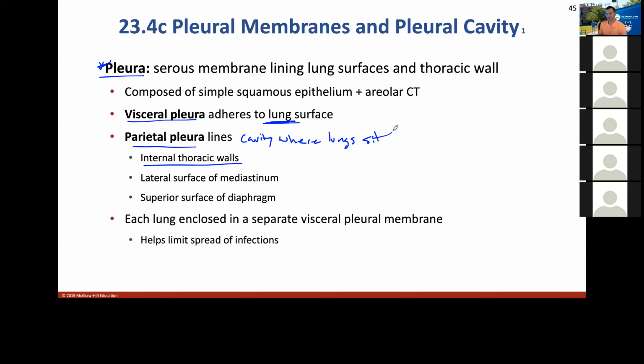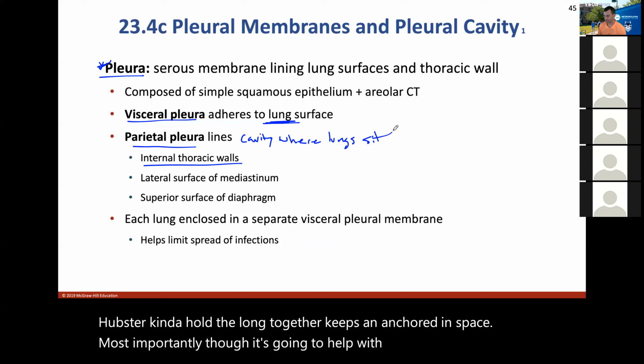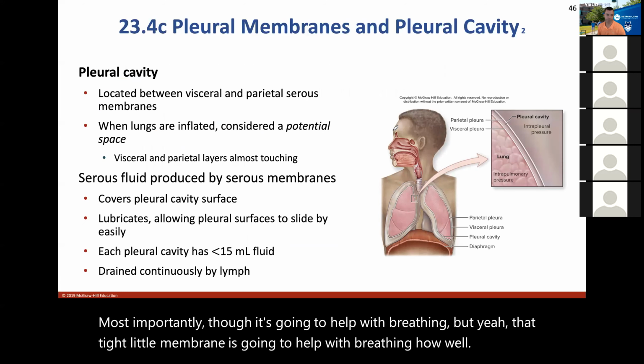It helps to kind of hold the lung together, keeps it anchored in space. Most importantly, though, it's going to help with breathing. What? Yeah, that tiny little membrane is going to help with breathing. How? Well, because of water.